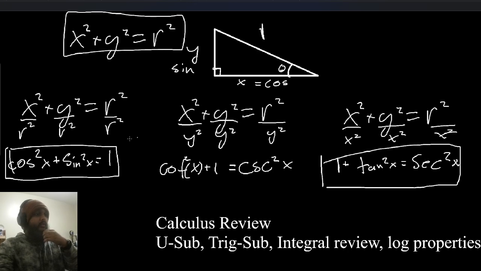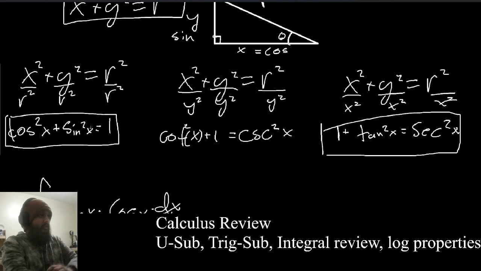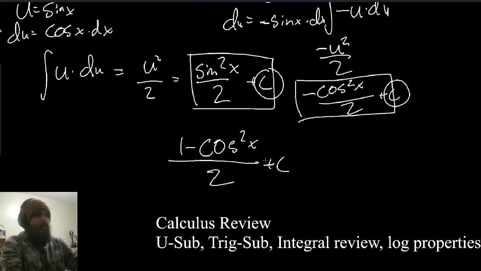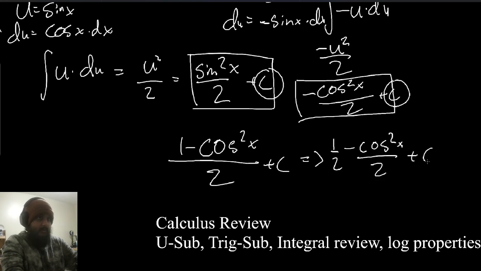If you check over here, sine squared x plus cosine squared x is equal to 1. We could say that sine squared x is equal to 1 minus cosine squared x. So if we write this as 1 minus cosine squared x over 2 plus c, we could also take out the 1/2, so this is equal to 1/2 minus cosine squared x over 2 plus c.